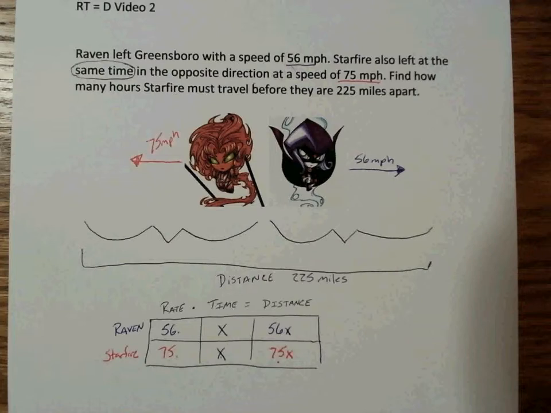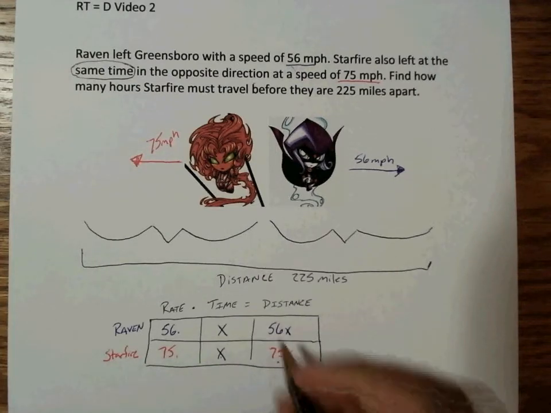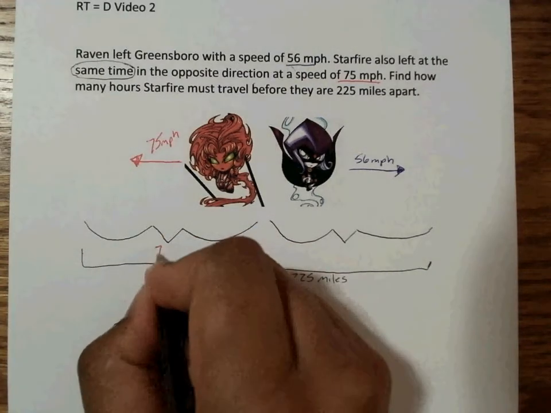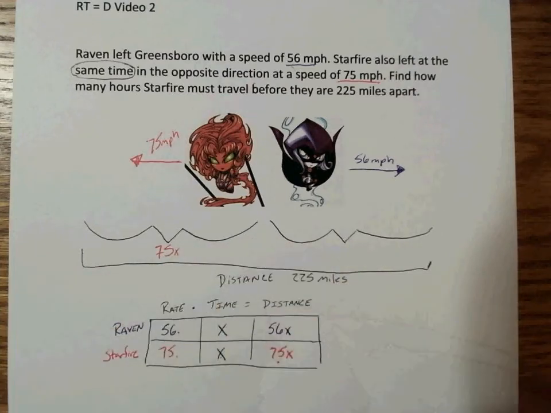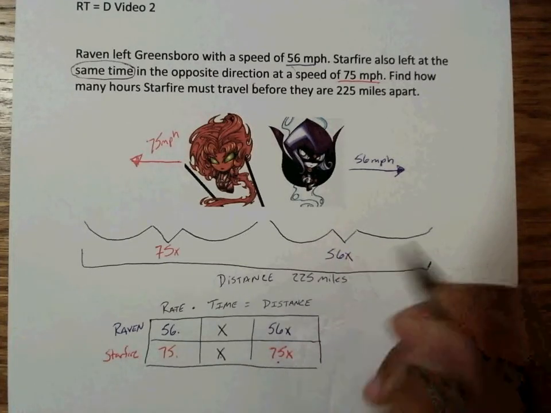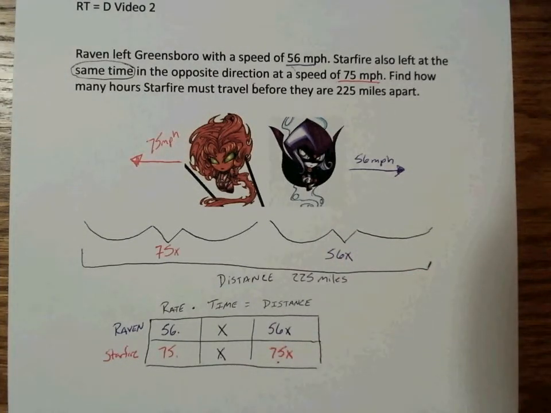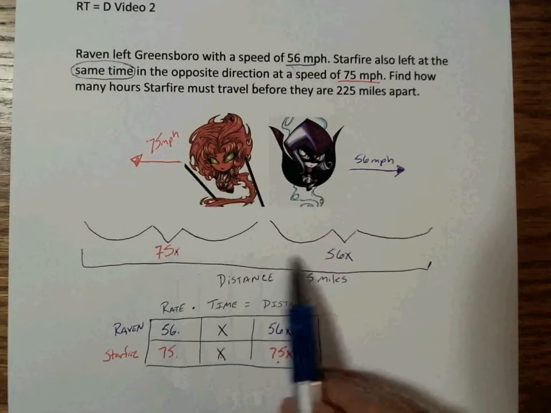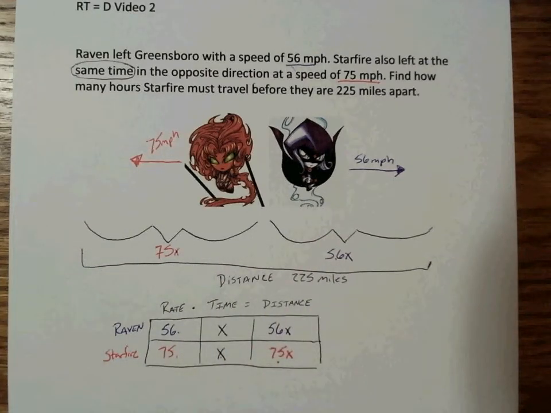So I'm going to write the distance underneath each one. Starfire's distance is going to be 75X, and Raven's distance is going to be 56X.